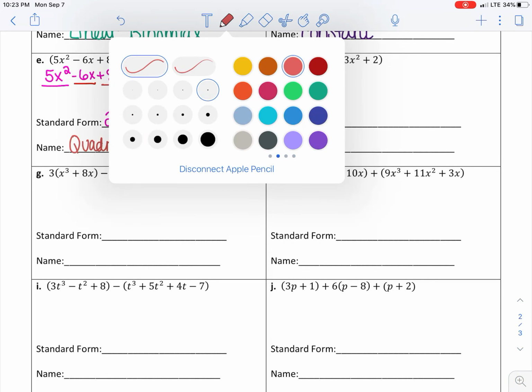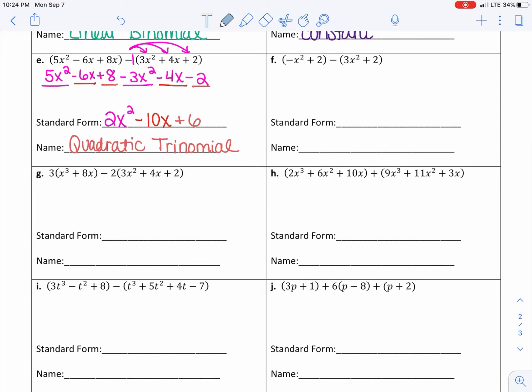Okay, let's move on here to example F. If we look at example F, we have that negative sign there again. So again, we're going to be distributing that negative 1. Everything in front of that negative, we're going to keep the same. Okay, that negative 1 times 3x squared becomes negative 3x squared.